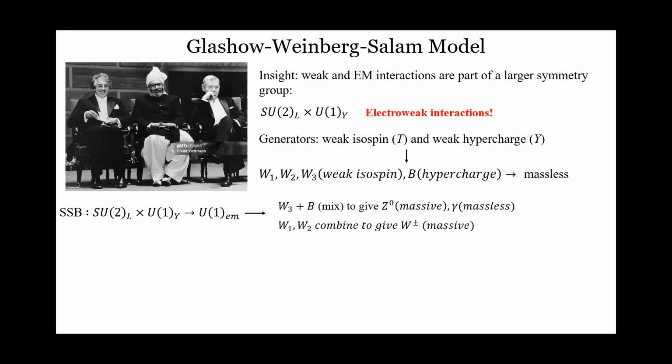Before that, you see, the photon is massless, so the mediator is massless. Gluons are also massless, but the ones that happen to be massive are the W plus and W minus, very heavy compared to the photon.